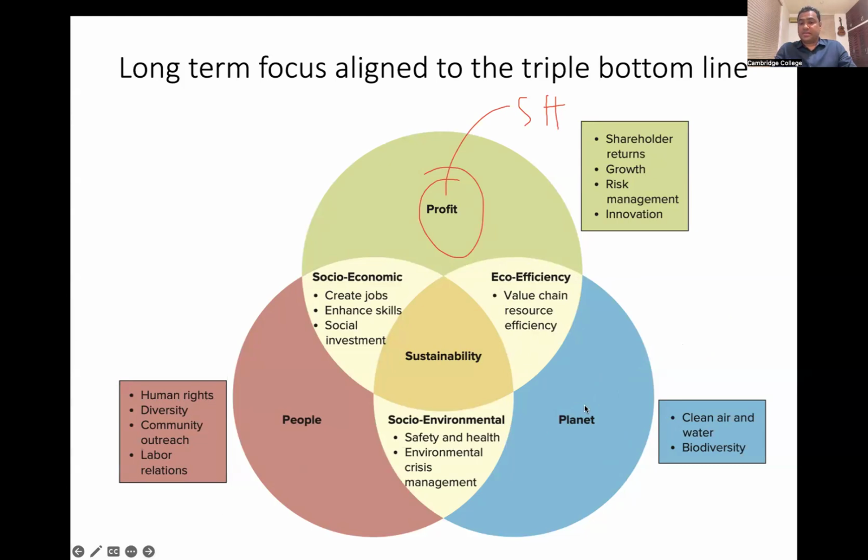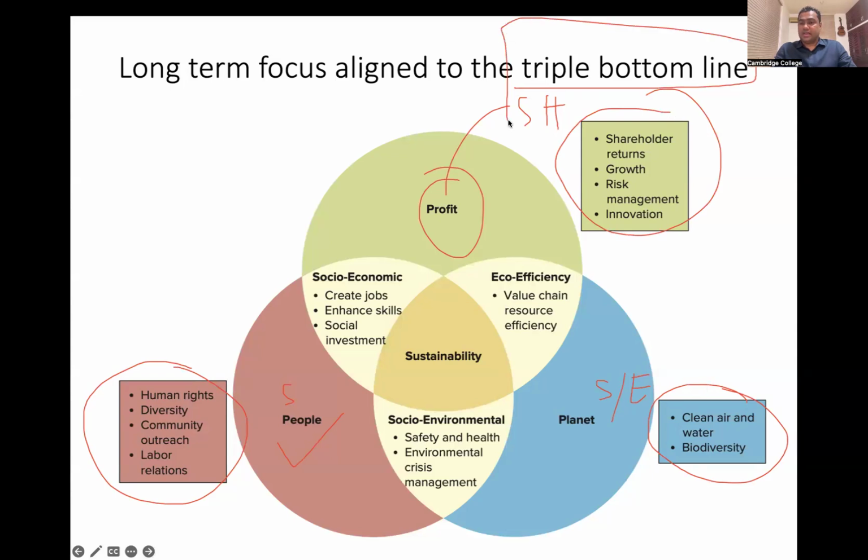So planet means the sustainability of the environment, and people means society. So you need to achieve initiatives that you undertake from each of these areas to ensure the triple bottom line is institutionalized within the organization.